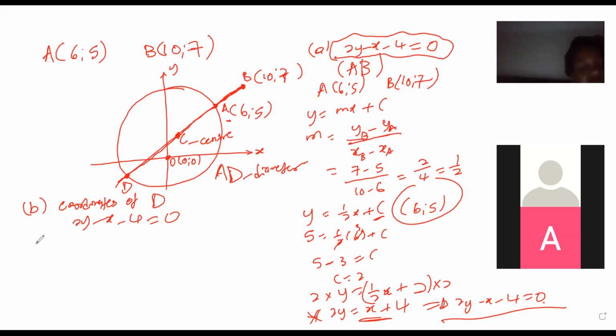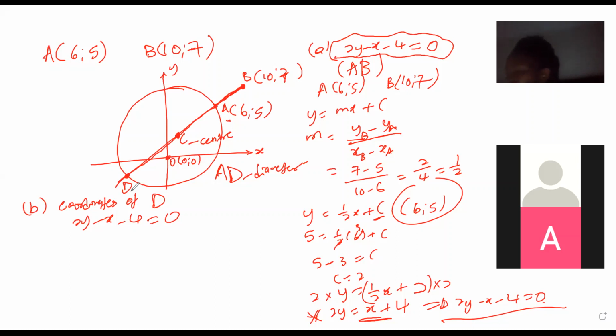Okay, let's try the midpoint equation, but we still don't know the midpoint, because the midpoint is C, and we don't know the coordinates of C. Okay, let's see. Now this I haven't done before.